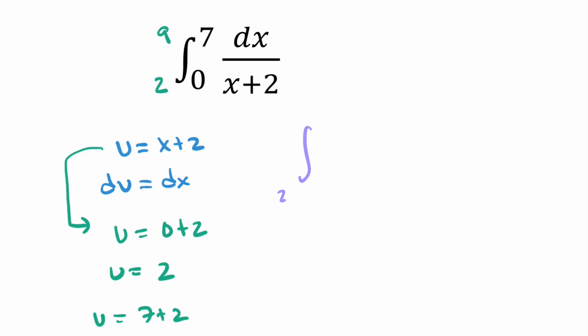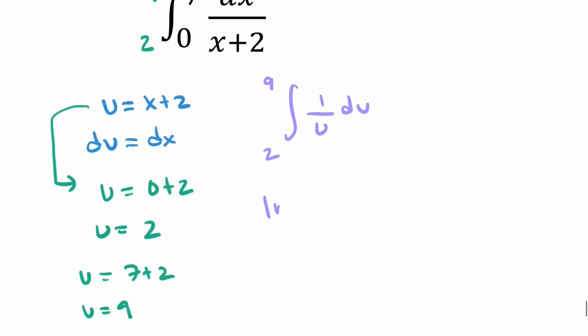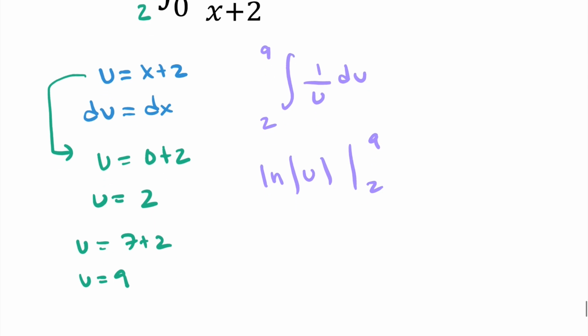I find the integral from 2 to 9 of 1 over u du. So the ln of u from 2 to 9. So ln of 9, take away ln of 2.